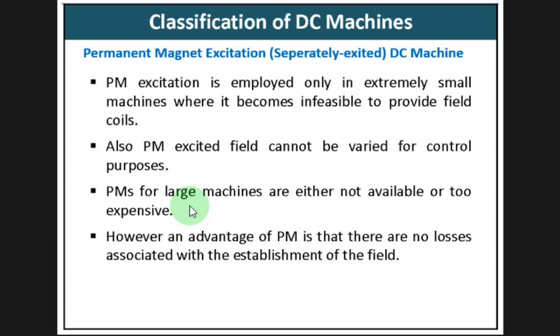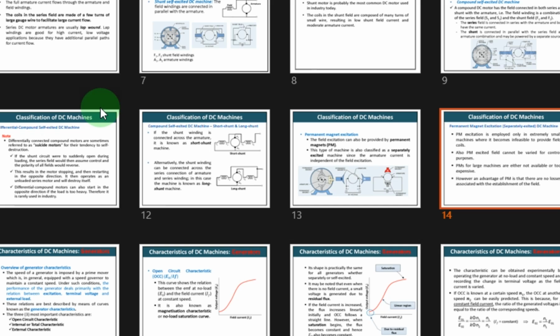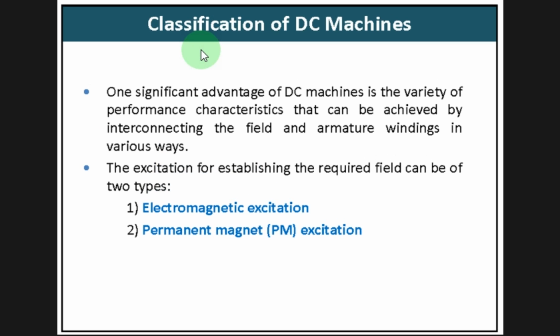So in this short lecture, I introduced the several types of DC machines. There we said that mainly there are two types. One is separately excited DC machines. The other one is self excited DC machines.